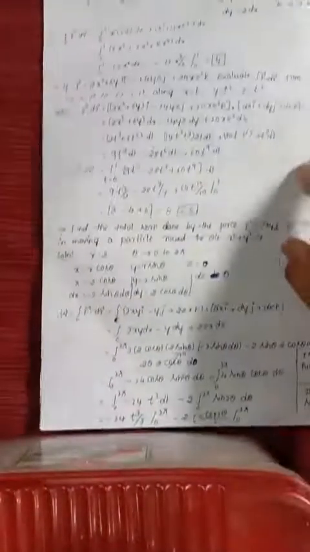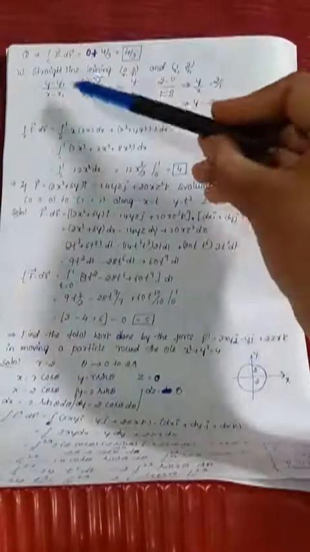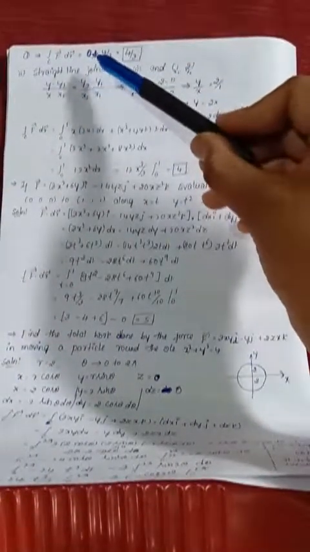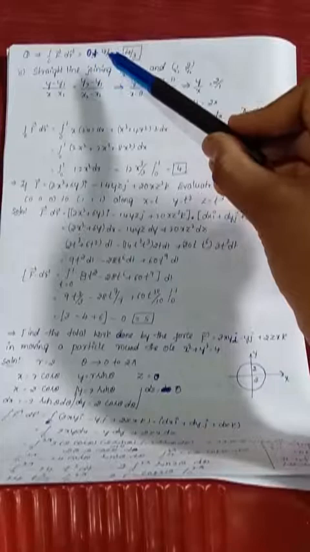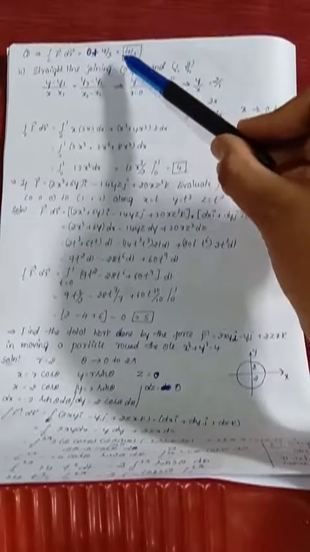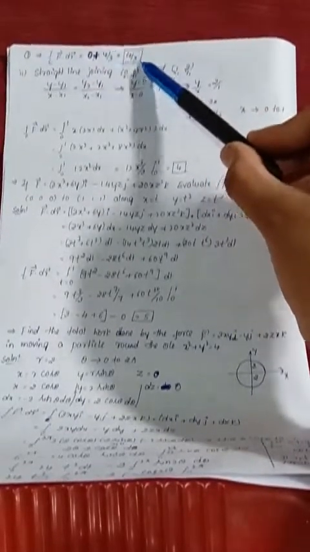Apply the upper limit, y is 1, here 1 by 3, and the lower limit becomes 0. 1 plus 1 by 3 is 4 by 3. Substitute the integral of OA and the integral of AB in equation 1. Equation 1 becomes the integral of C f dot dr: along OA 0, along AB 4 by 3. We get 4 by 3.